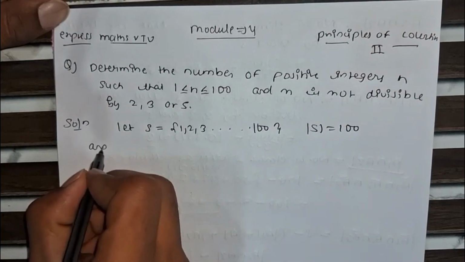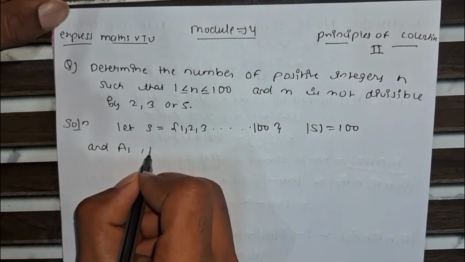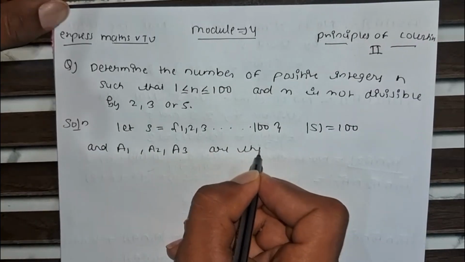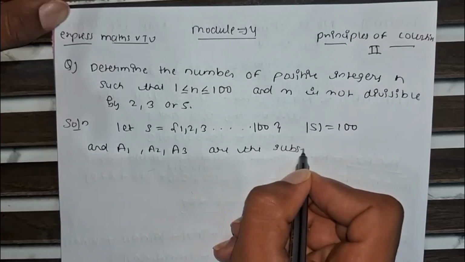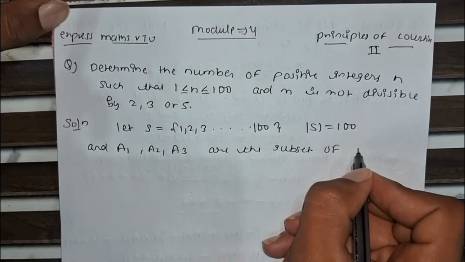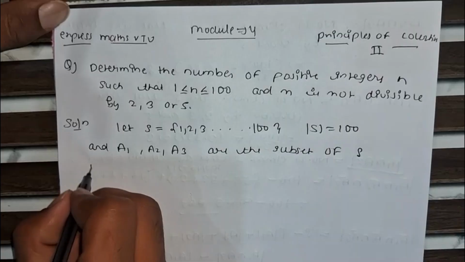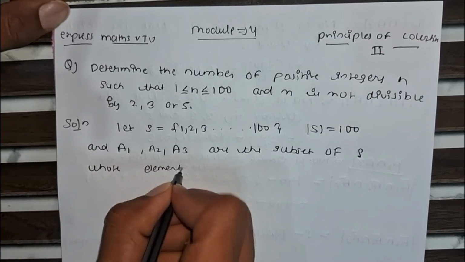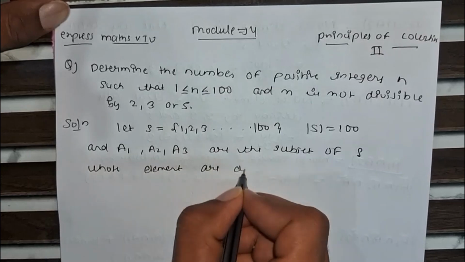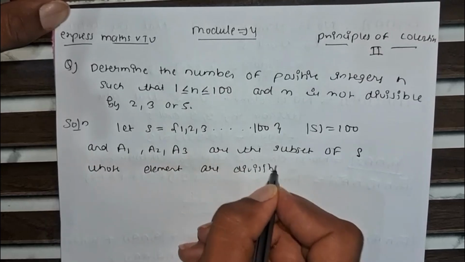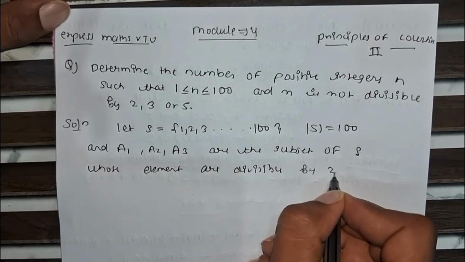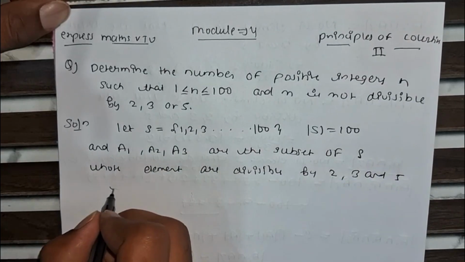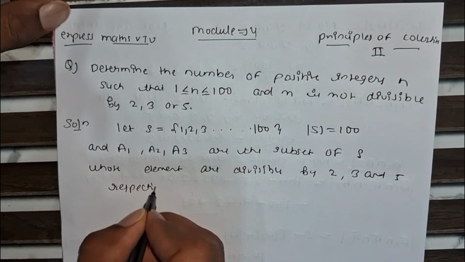And A1, A2, A3 are the subsets of set S whose elements are divisible by 2, 3 and 5 respectively.